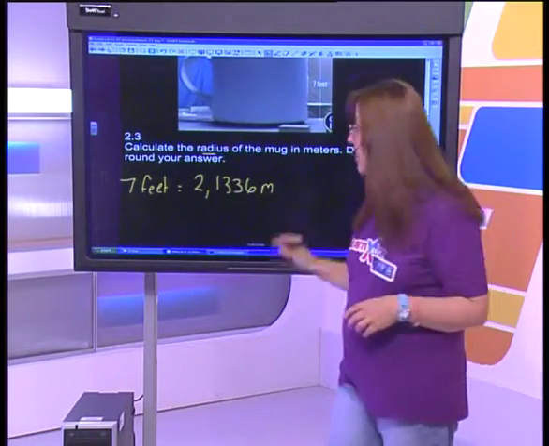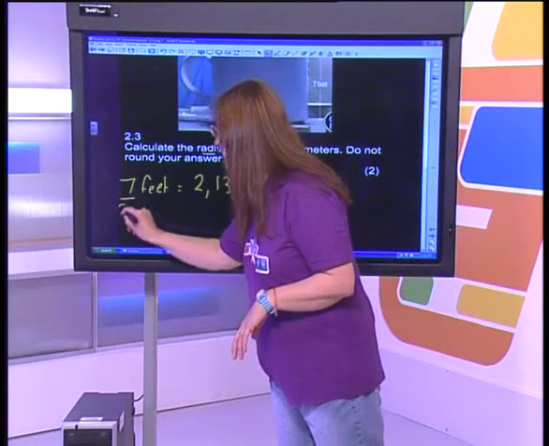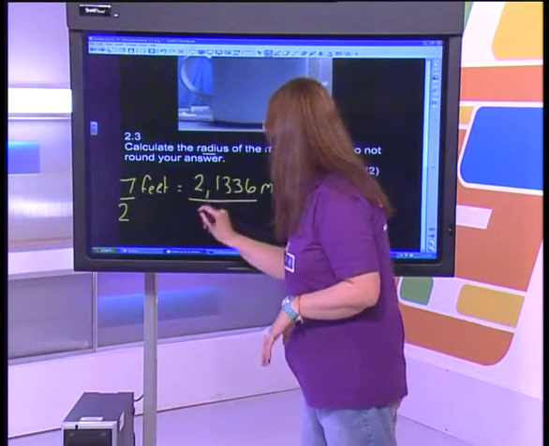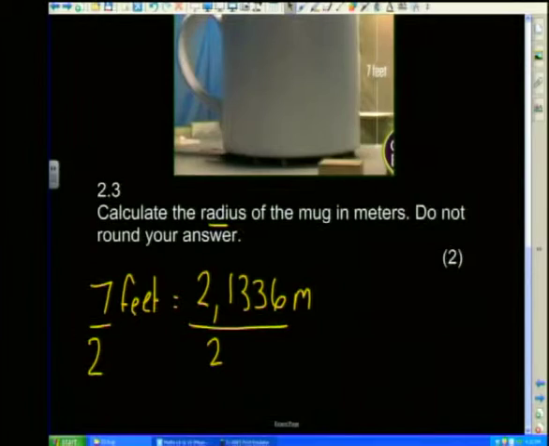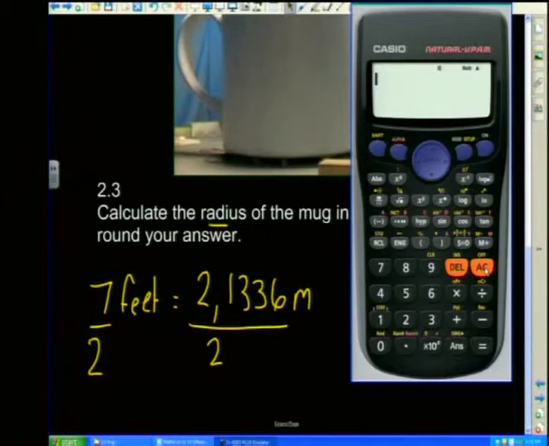And our radius, remember, was half our diameter. So we're going to divide that by 2. On our calculator, it was 2.1336. Always check that what you're entering on the calculator is in fact what it says in your books. Divided by 2, and we get 1.0668.